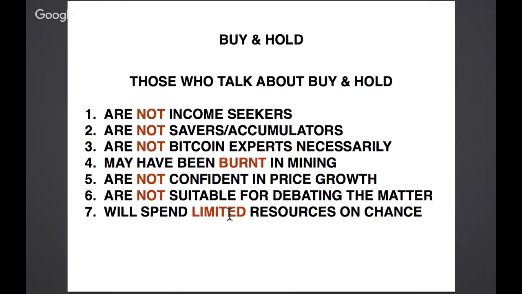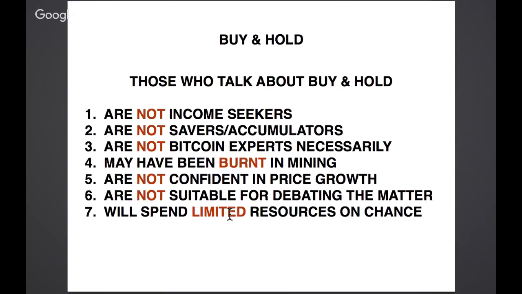Let's face it, buy and hold have limited resources. If they had unlimited resources, they wouldn't care what level they're getting into, because if you fundamentally believe in Bitcoin going up in price, it doesn't matter what level you get into because we are still at the baby stages. That was the very first page I showed you with those numbers of what the real potential is going forward for Bitcoin numerically.